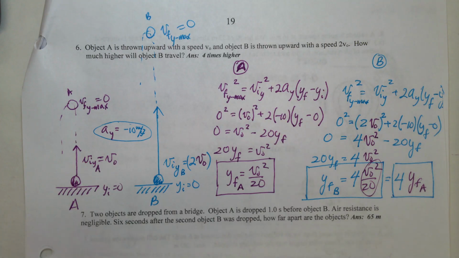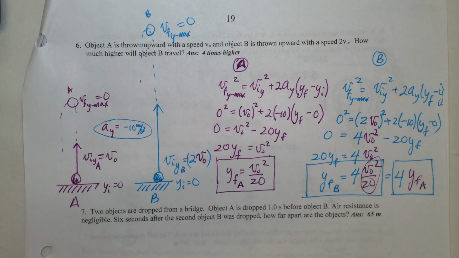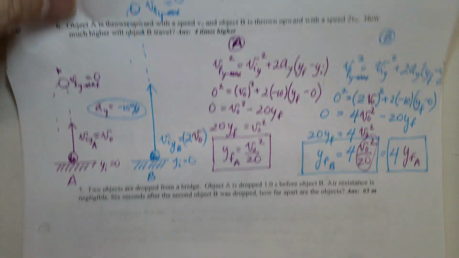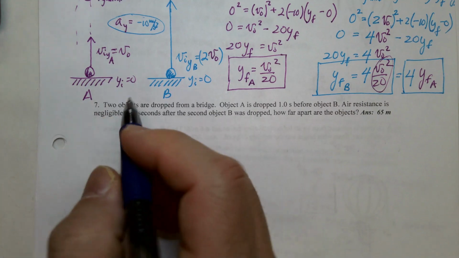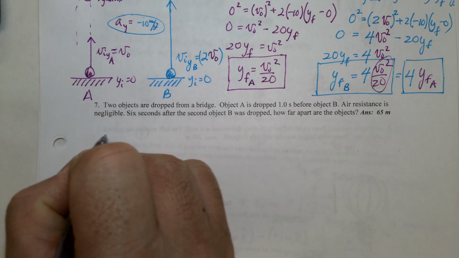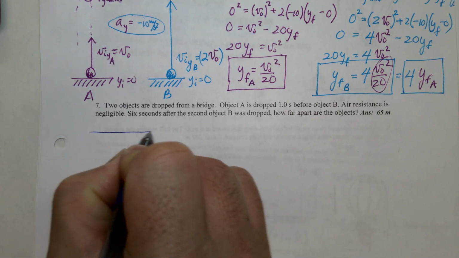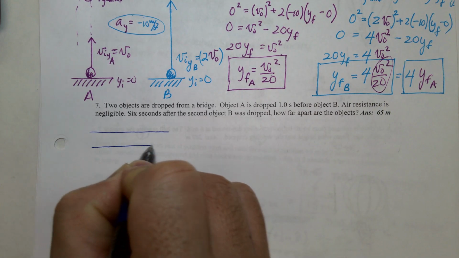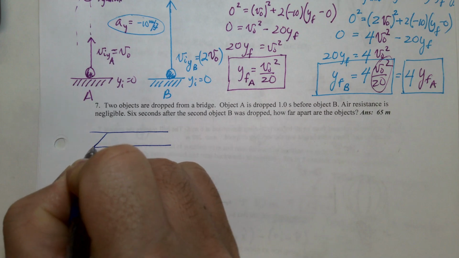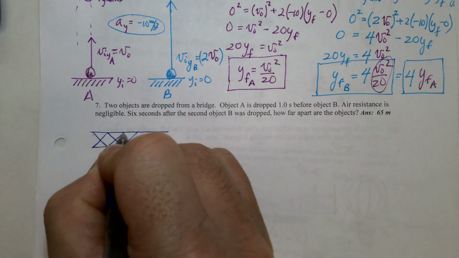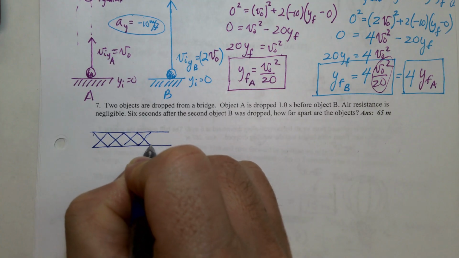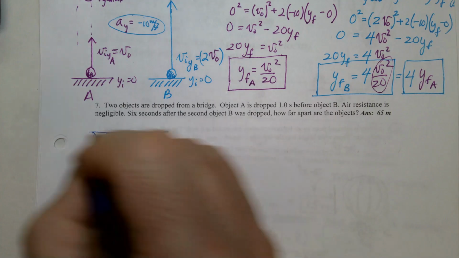So let's take a look at number 7. Two objects are dropped from a bridge. So let's visualize it. Here's the bridge, a trestle bridge.